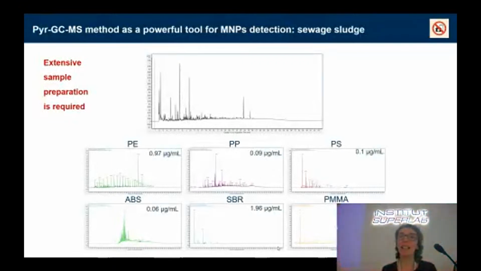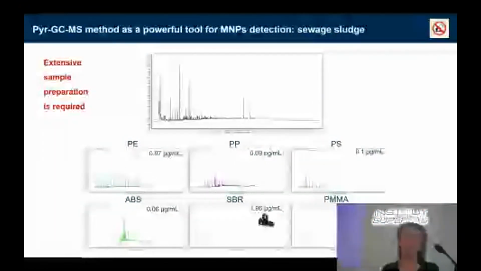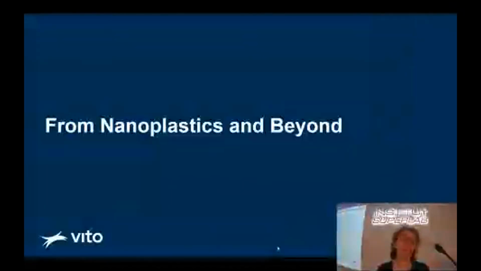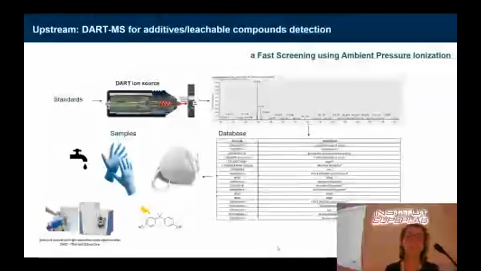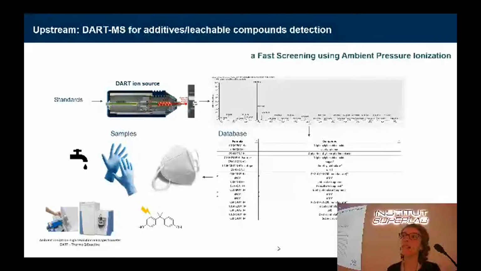And maybe finally, something which goes beyond the nanoplastics, and actually these are the additives and leachable compounds. There are a lot of inorganic particles as additives in the plastics, but also a lot of organic. We already know about the phthalates, which can easily be leached out of the plastic products.